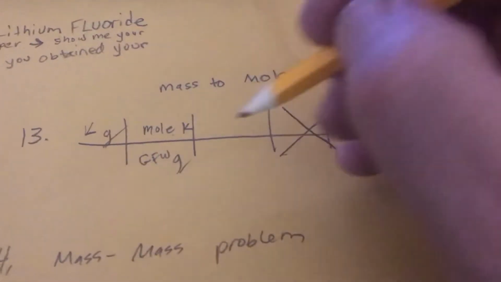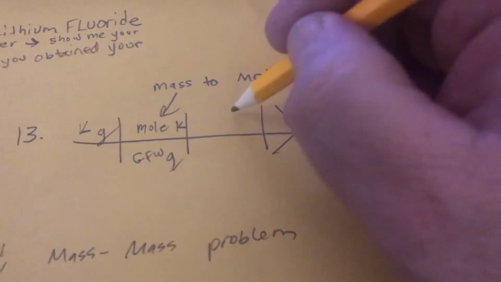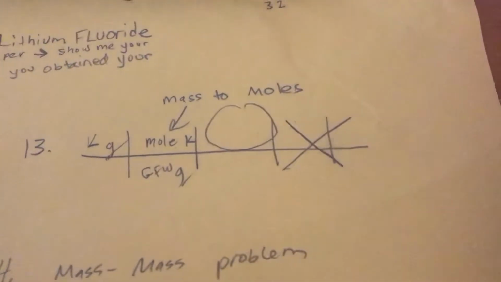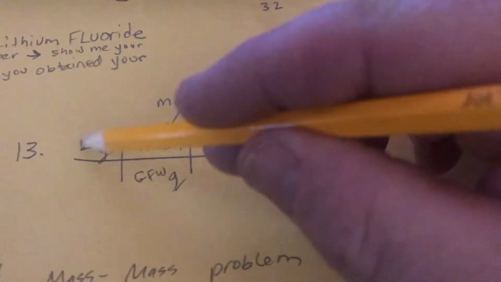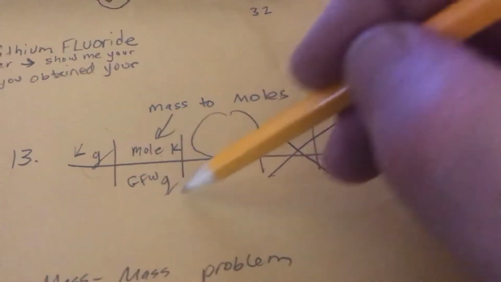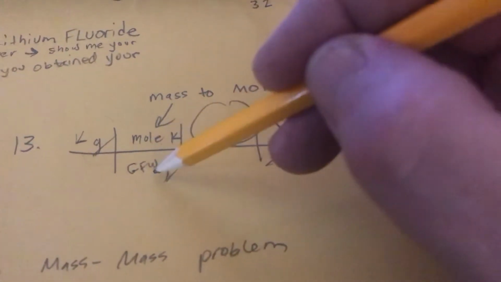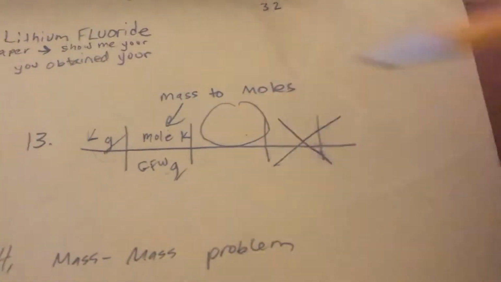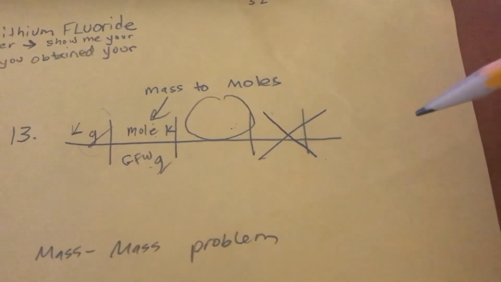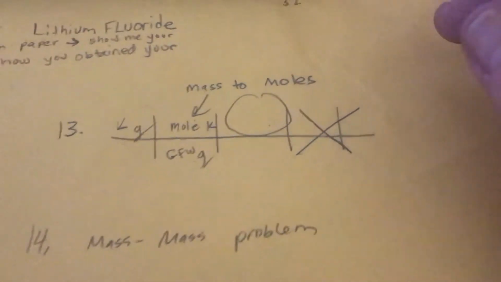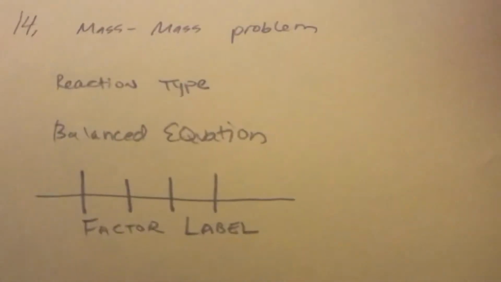So these grams get canceled out, and we're left with the moles here. So it's really simple. Just go from mass of what you know, multiply it by its mole to GFW ratio, and you'll know how many moles.